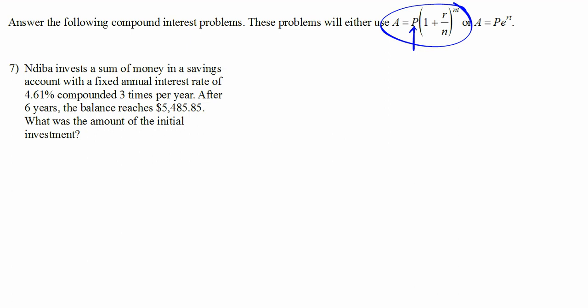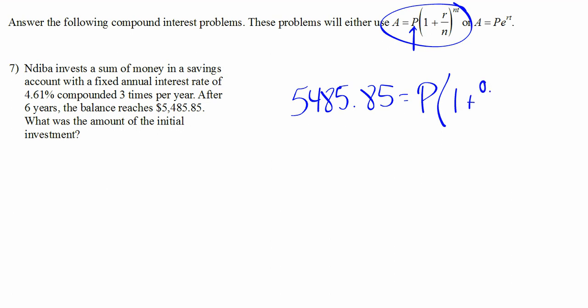Right, so we know the final amount. We reach 5,485.85. We don't know what we started with yet. We know that our rate was 0.0461. Okay, that's 4.61% as a decimal, divided by 3, raised to the 3, and it took us 6 years to do that.